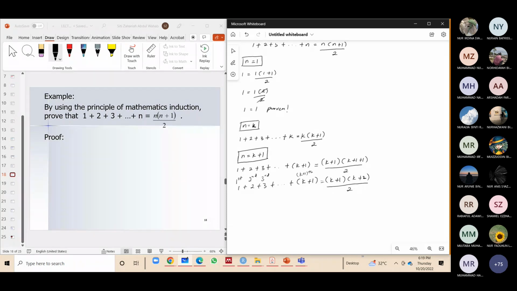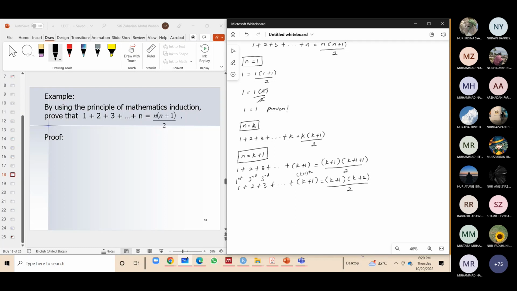The total on the right hand side is (k plus 1) times (k plus 2) over 2. We want to prove, is it true that this summation equals (k plus 1) times (k plus 2) over 2?